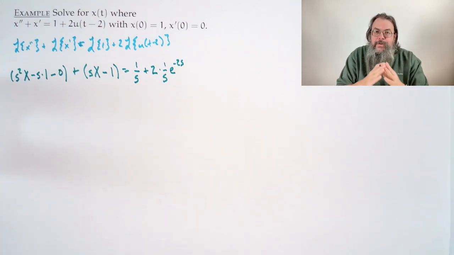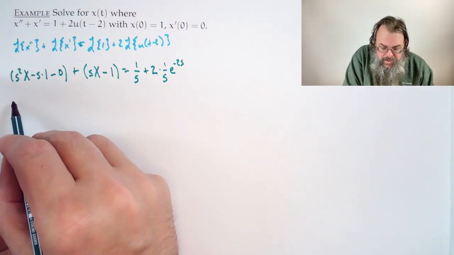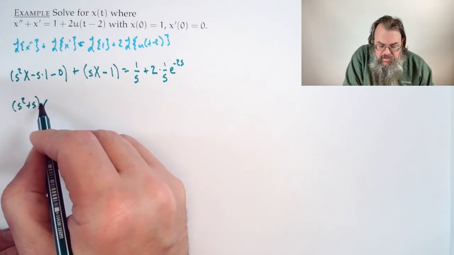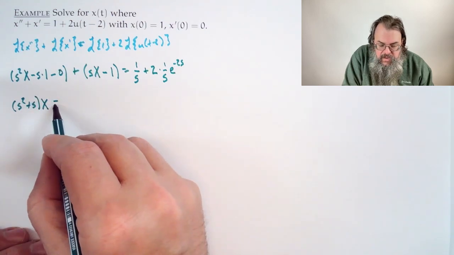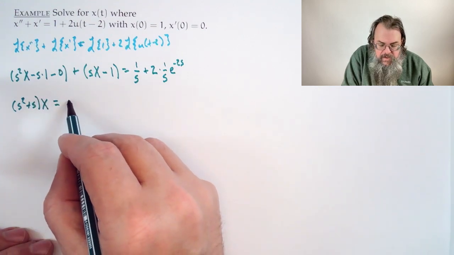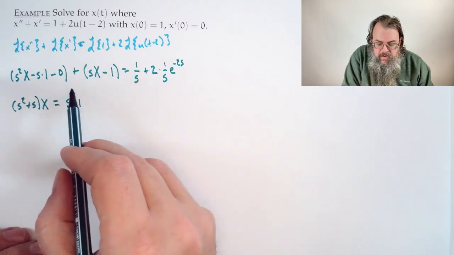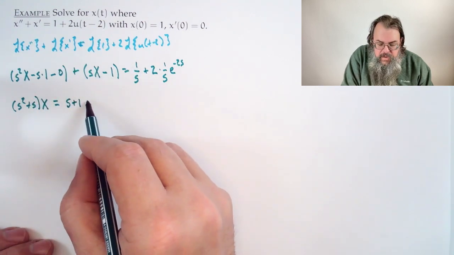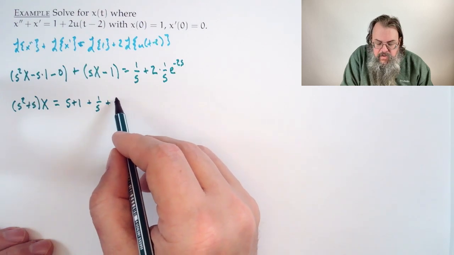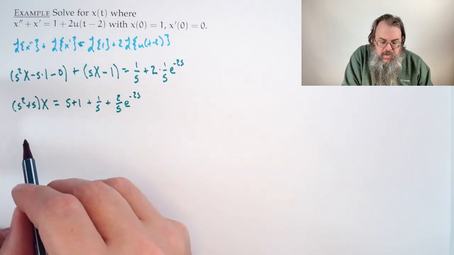Well, we solve for capital X. So we'll get s squared plus s times capital X is equal to, on this other side, we're going to have s plus 1, right, because that becomes s plus 1, and then a plus 1 over s, and a plus 2 over s, e to the minus 2s.